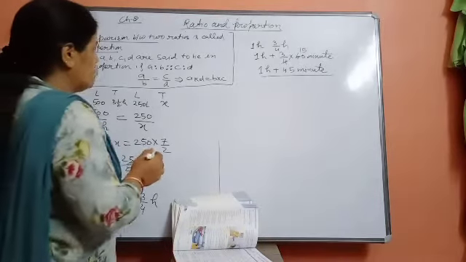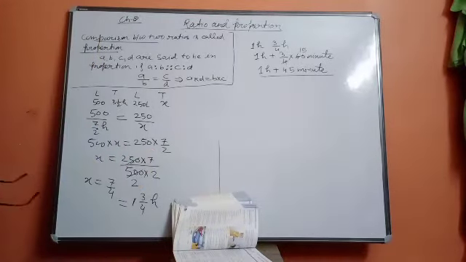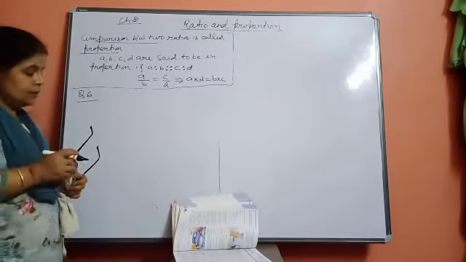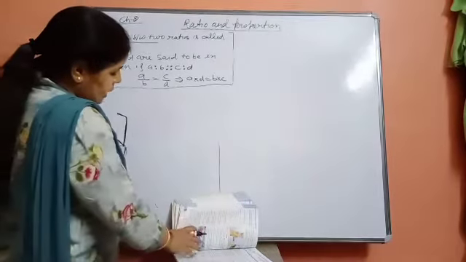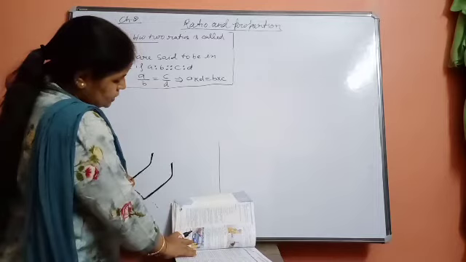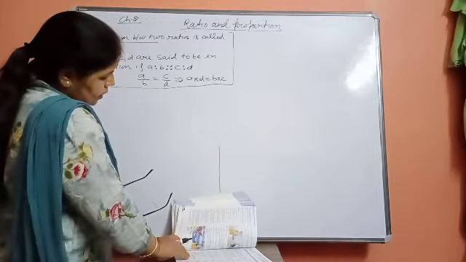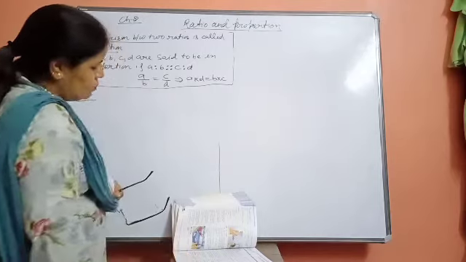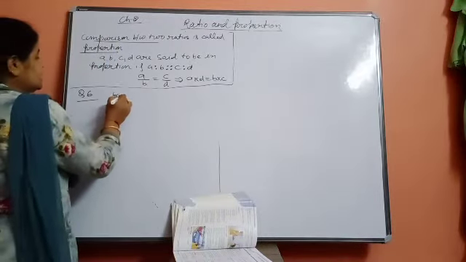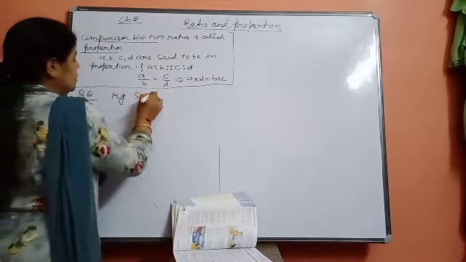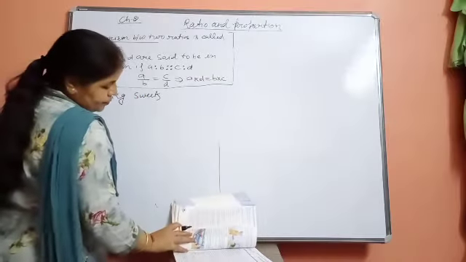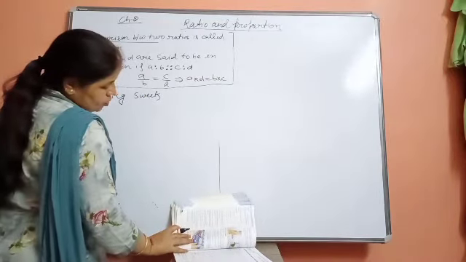Now see beta, question number 6. If 5 kg of sweets cost 750 rupees, find the cost of 3 kg of sweets. How will you write it? Kg of sweets, then kg, rupees.